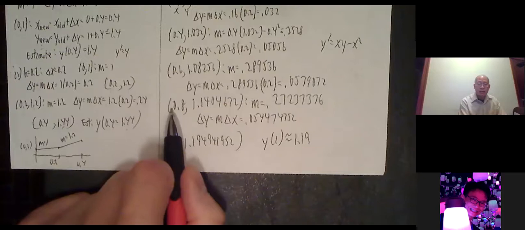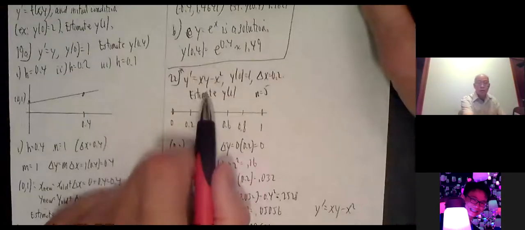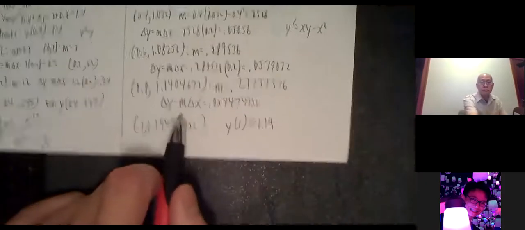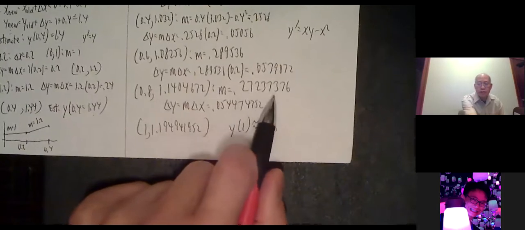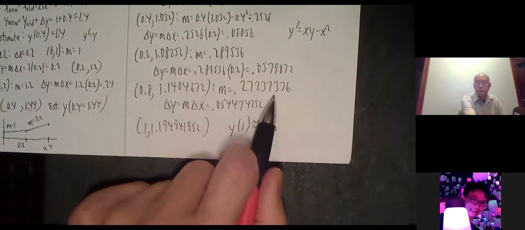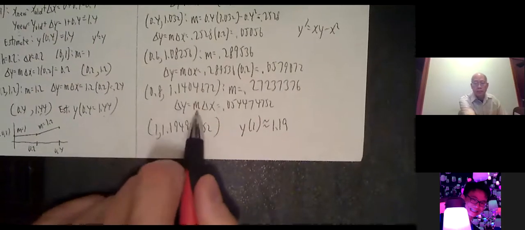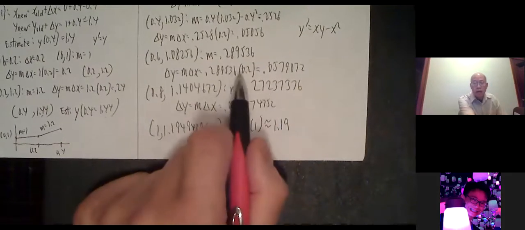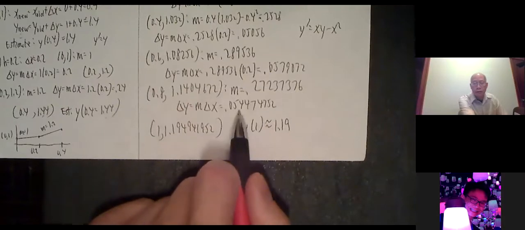Take that x, take that y, plug it in. Okay, it's not very fun. 0.27237376. And there we go. Delta y equals m delta x. Okay, so I take that multiplied by 0.2, 0.0544, and so on.